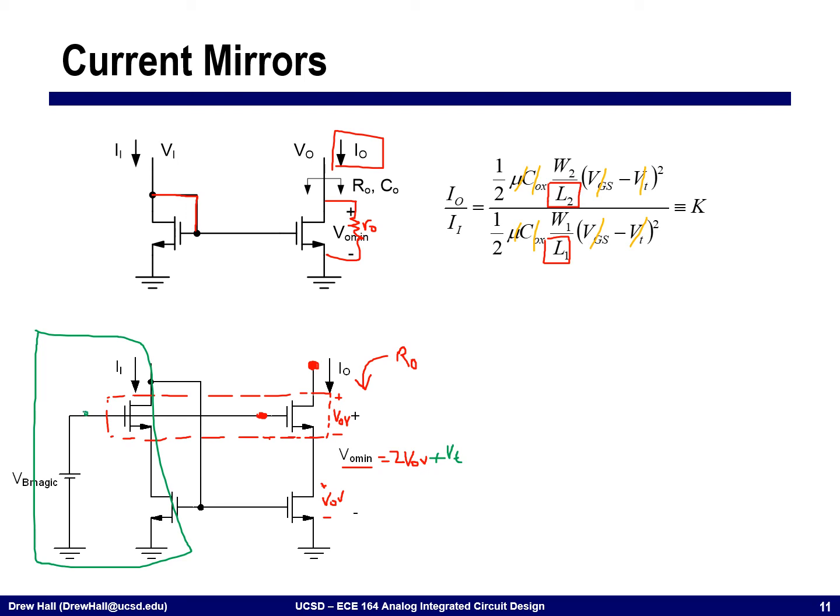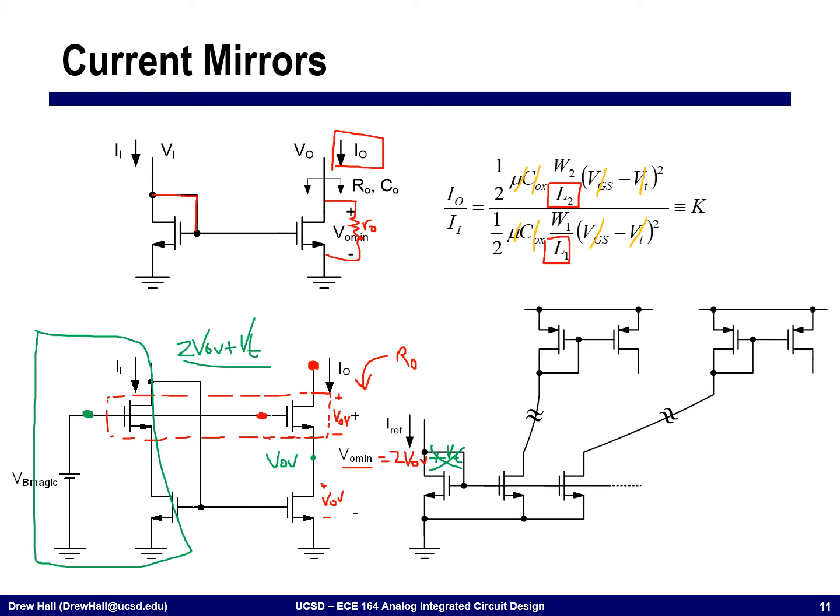We're trying to bias this particular voltage at 2 VOV plus VT such that this node is biased at VOV. And when we go up, we end up with this minimum compliance voltage without that second VT term. And so we went through a couple of different structures in order to generate this magic battery voltage that gave us the cascode voltage equal to 2 VOV plus VT.